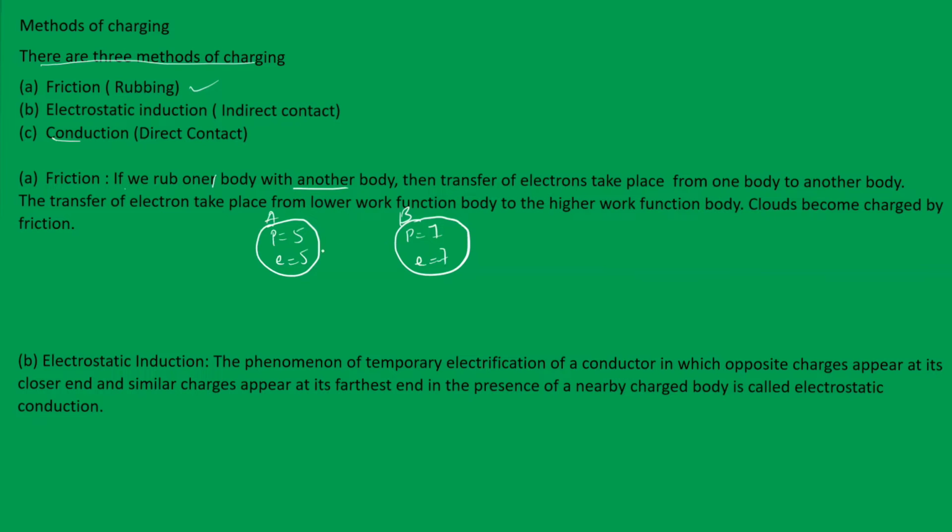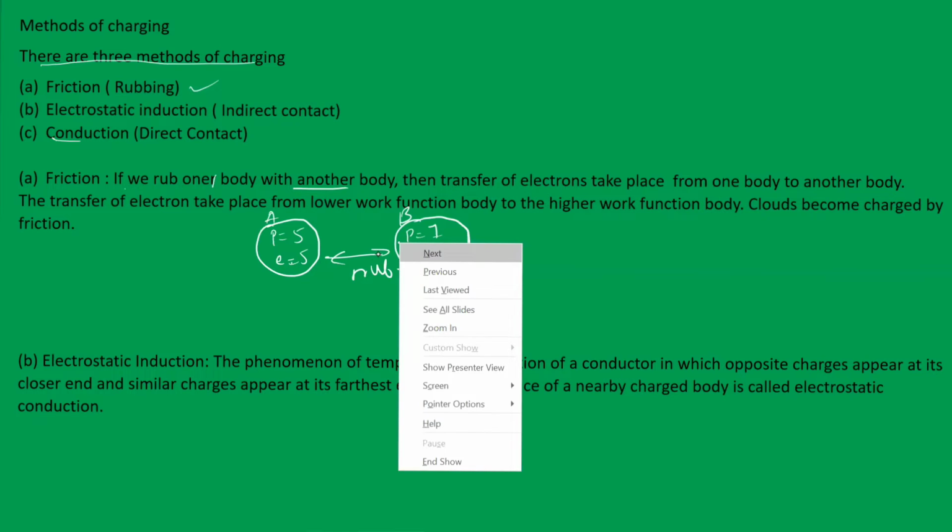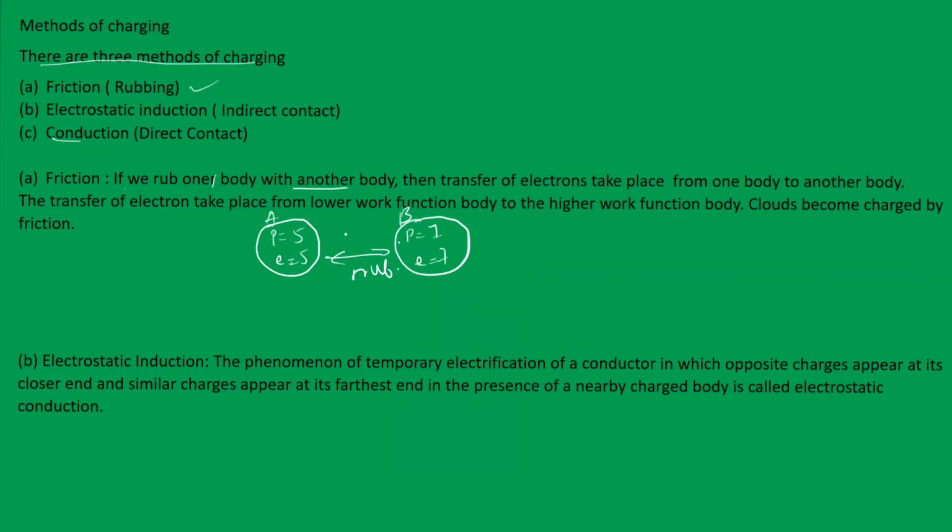Now when you rub these two bodies, what will happen? Either electrons will be given to body A from B, or to body B from A. Here I consider that B has given 2 electrons to A.